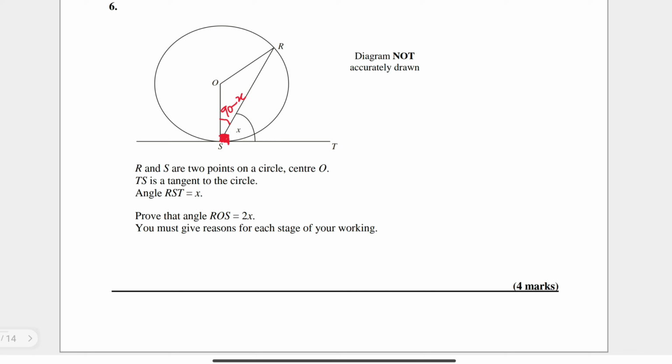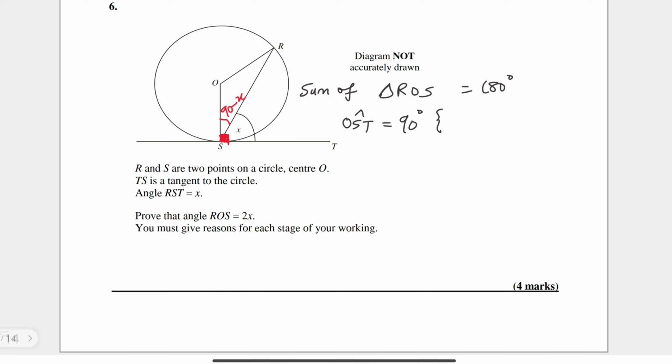First of all, we know that the sum of angles in triangle ROS is 180 degrees, correct? Like I said, I know that OST is equal to 90 degrees.